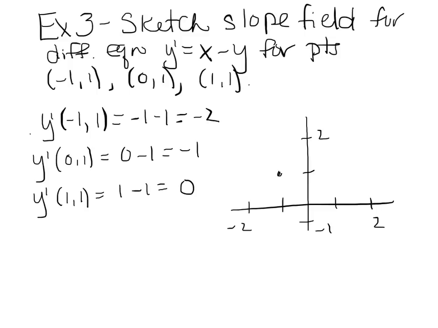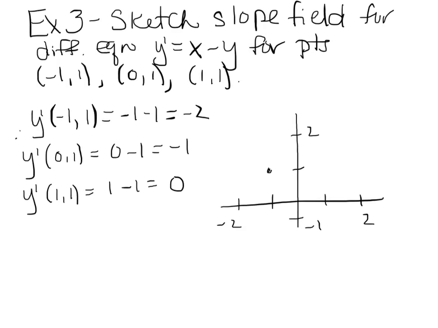So I'm going to approximate a slope of something that looks like a negative 2. Then I'm going to do the same thing at the point 0, 1, where I see that I have a slope of negative 1, which isn't quite as steep.